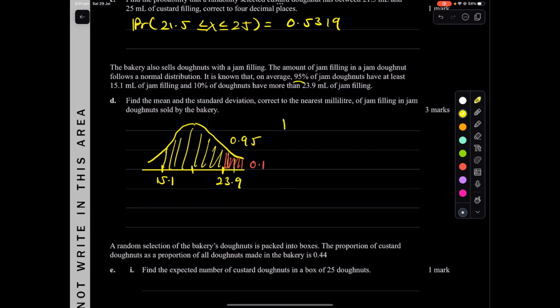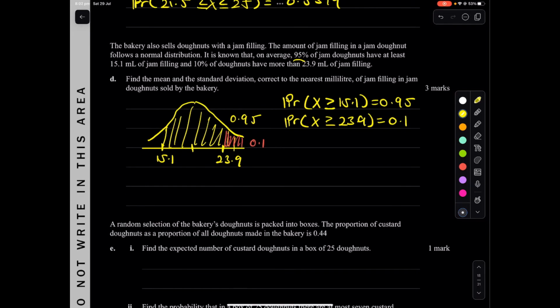Okay, we know that the probability of X being greater or equal to 15.1 is equal to 0.95, and the probability of X being greater or equal to 23.9 is equal to 0.1.